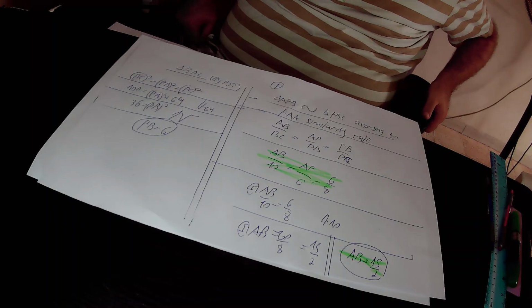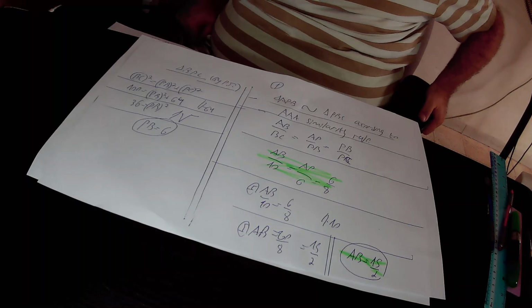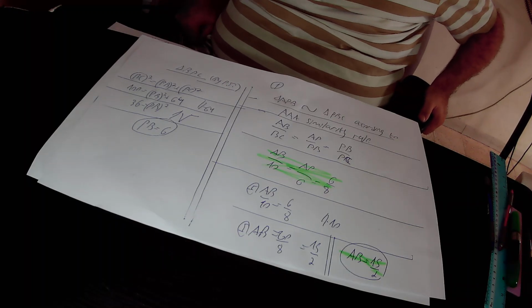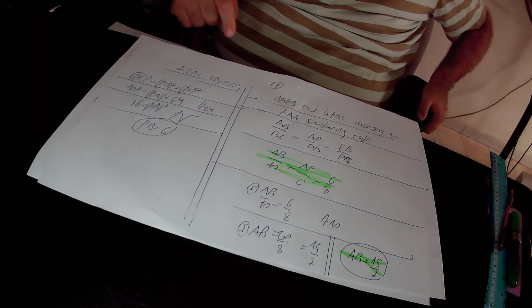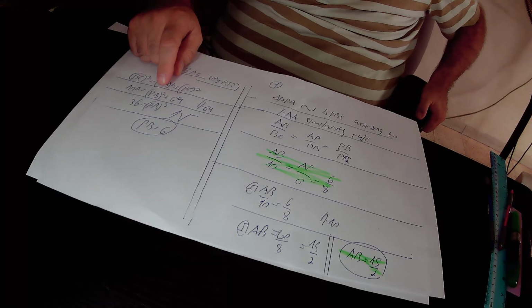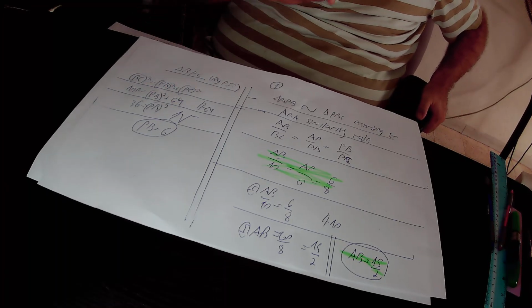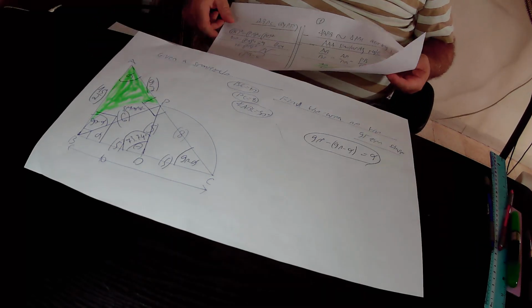Here we subtracted 64 from this equation, and found out that 100 minus 64 is 36, so 36 equals PB square. Here we took the square root, and finally found out that PB equals the square root of 36, that is 6. This is side PB equals 6 units in its length.